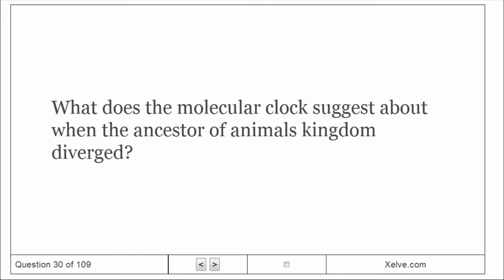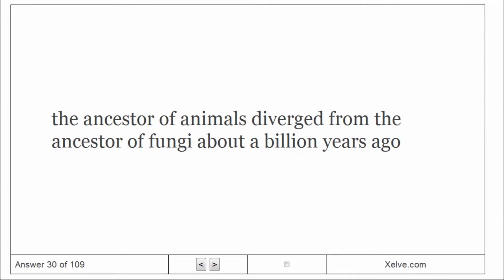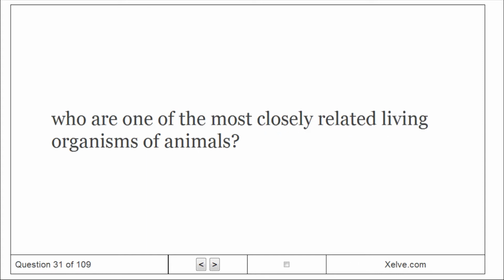What does the molecular clock suggest about when the ancestor of the animal kingdom diverged? The ancestor of animals diverged from the ancestor of fungi about 1 billion years ago. Who are some of the most closely related living organisms of animals?